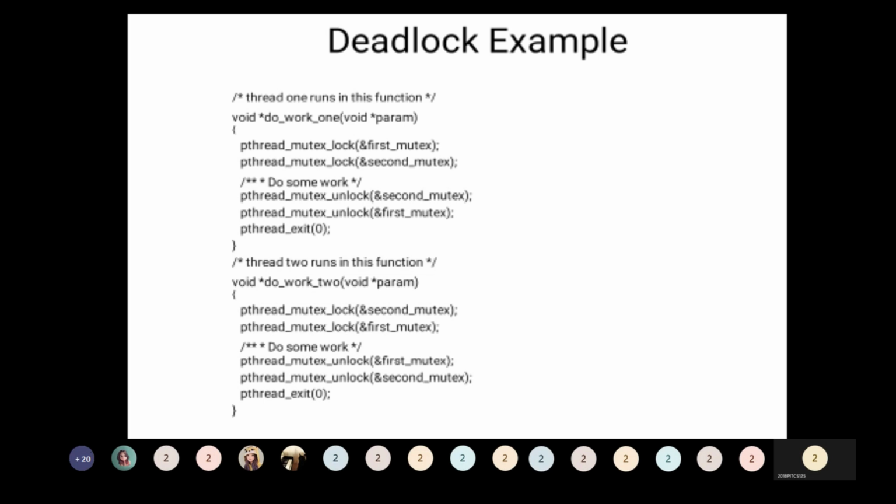It will unlock the first mutex, then unlock the second mutex, and exit. So in this case, two different threads executing in two different functions are using the first mutex and the second mutex, alternately competing for that particular resource, which may lead to a deadlock.